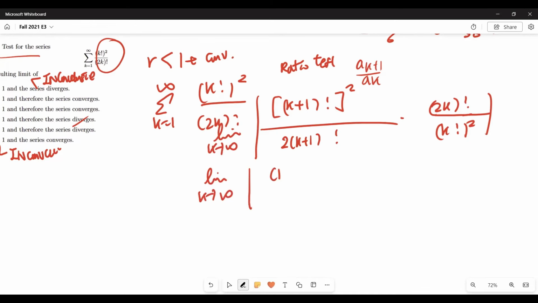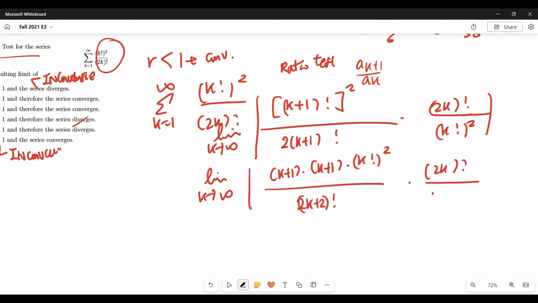This is going to be k plus 1 times k plus 1 times k factorial squared. I wrote it this way so I can cancel out the k factorial later. So this is going to be 2k plus 2 factorial times 2k factorial. So k factorial squared will be cancelled out.